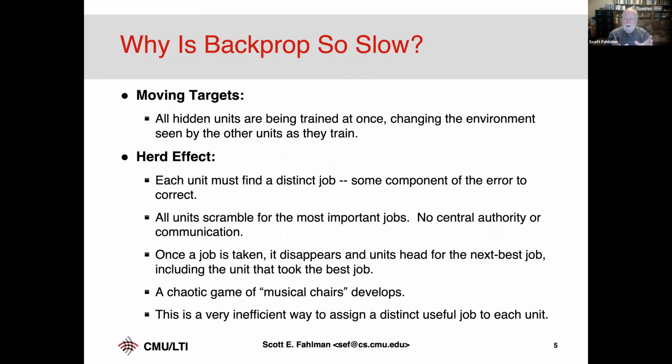But you could see what the hidden units were doing during learning, and you could look at them in different ways and see what part of the space they were clustering in, especially if you had a low-dimensional problem. If it was 2D, you could see them moving around. And once you could kind of see what was going on, it became obvious to me that there were a couple of problems. One is that the poor units are trying to learn to be useful feature detectors, but everything's a moving target. They're all being trained at once.